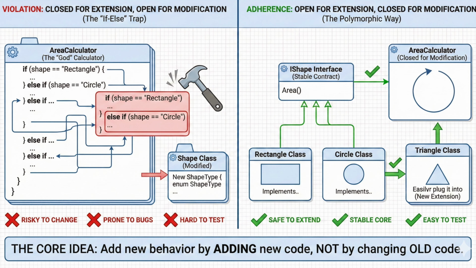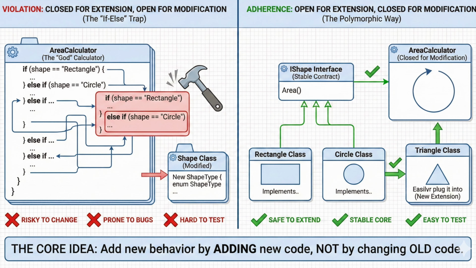You'll see OCP used in large enterprise applications, banking systems, e-commerce platforms, and cloud-based solutions where stability is extremely important. Whenever we know that this feature may expand later, that's the perfect place to apply the open-closed principle. In short, we use OCP wherever we want flexibility, scalability, and safe growth in our software.